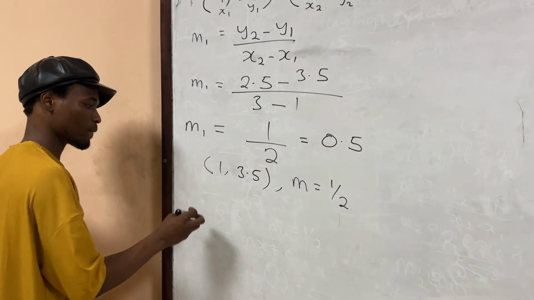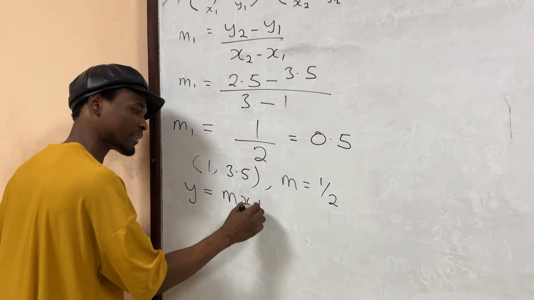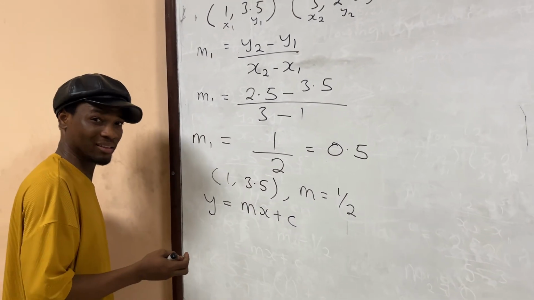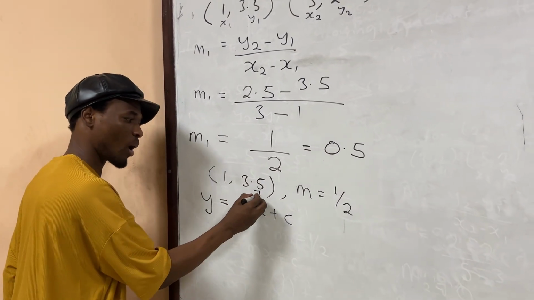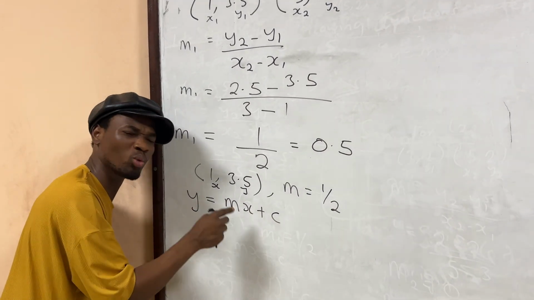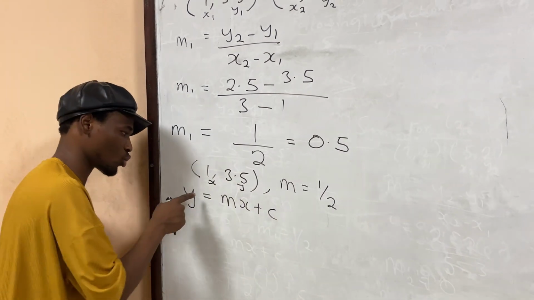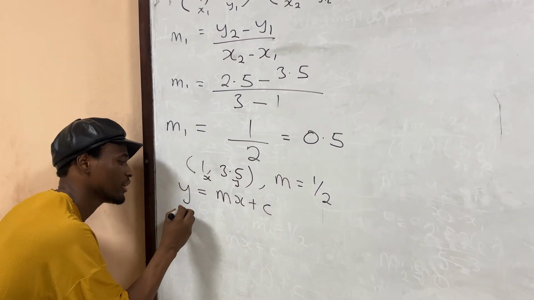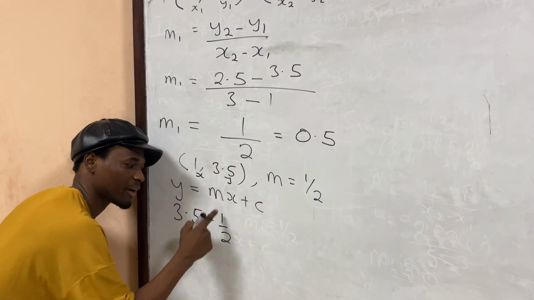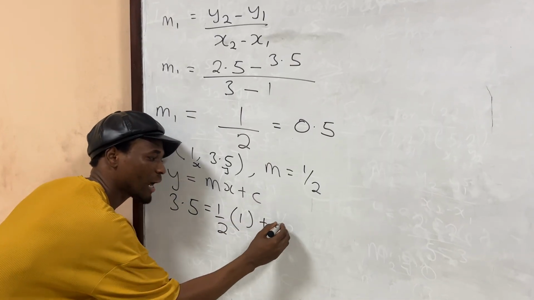So therefore, record that y is equal to mx plus c. Viewers, we've been doing this all this while, right? Good. So this is my y and this is my x. Why are we doing this? We are doing this because we are looking for the intercept on the y-axis. So what is my y? y here is 3.5, which is equal to half, that's my gradient, multiplying x. x is 1, then plus c.